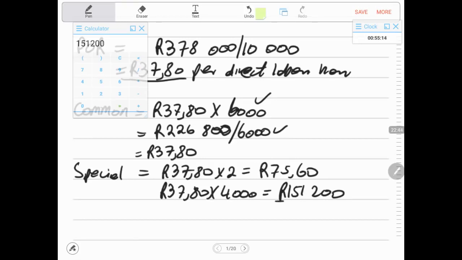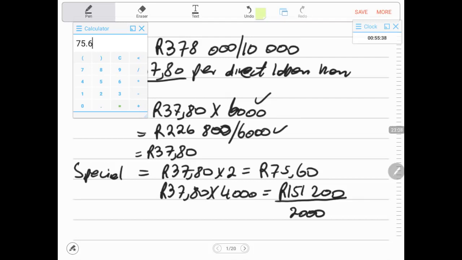So if I need it per unit, I'll say how many units does this company want to manufacture. We divide this by 2,000 units and see if it gives us the same amount. It gave us 75 rand 60 cents.